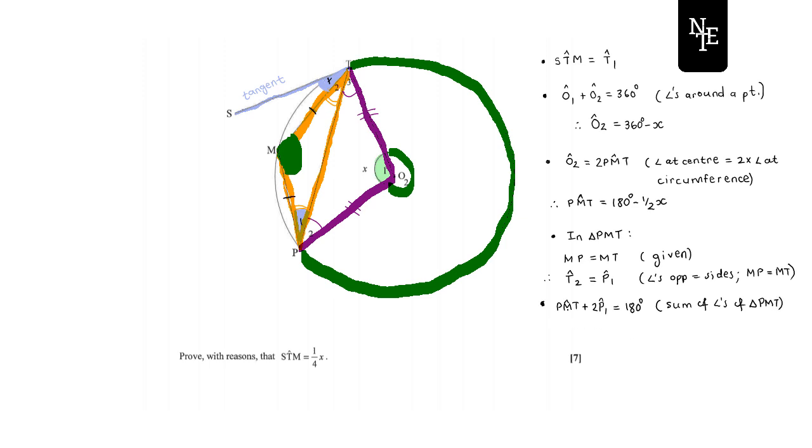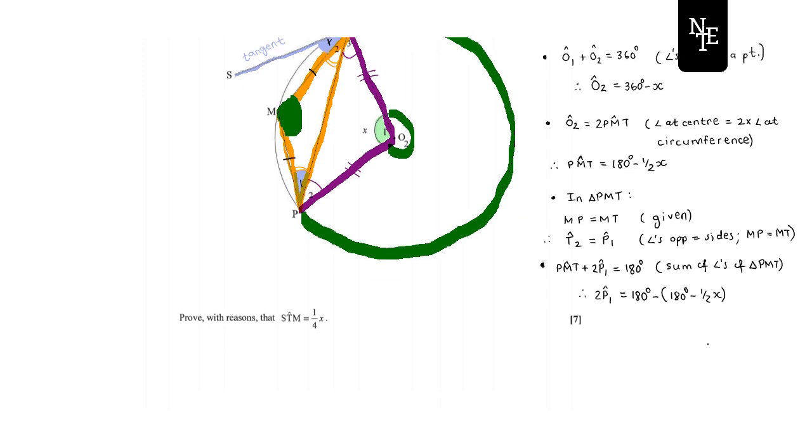So from there we can say that twice angle P1 is equal to 180 degrees minus angle PMT. We just calculated angle PMT over there. That is 180 degrees minus 1/2 x.